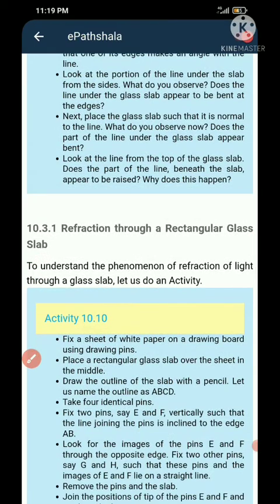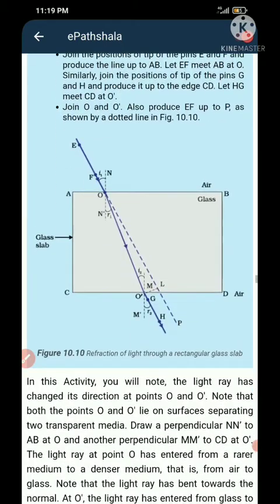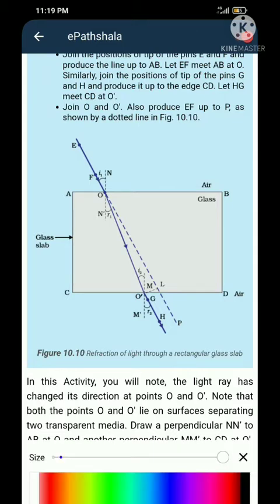Now another point is refraction through a rectangular glass slab. Basically here the upper medium is air and the lower medium is glass.